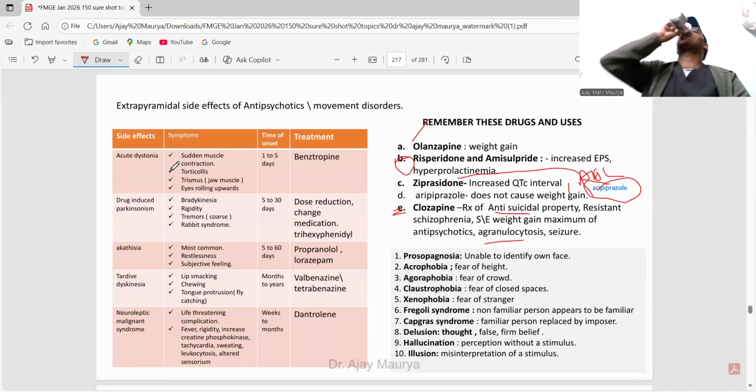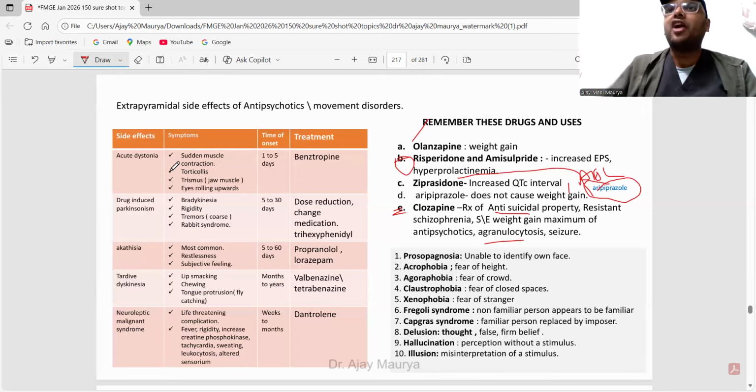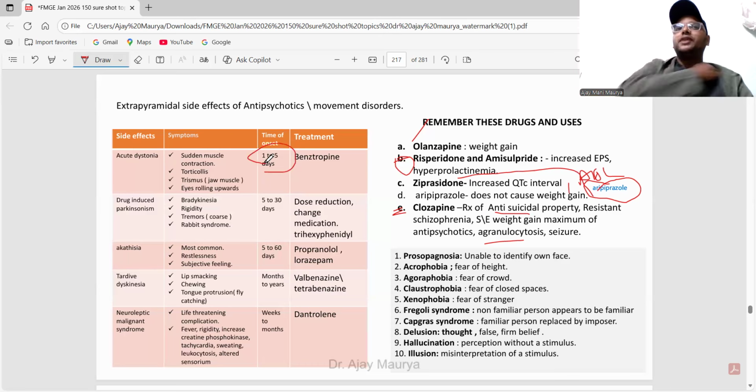Haloperidol has more and more extrapyramidal side effects. For example, if someone is on haloperidol, within 1 to 5 days, within a very short duration, if they have muscle contraction, torticollis, trismus, upward eye rolling, and he is unable to move his head, it is a case of acute dystonia, meaning the patient might have started treatment only 5 days before.